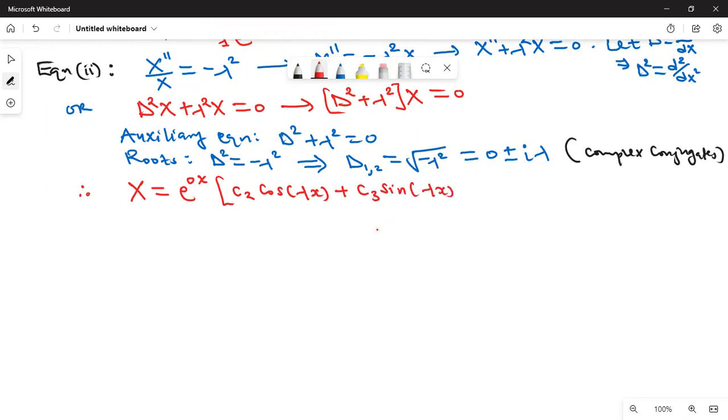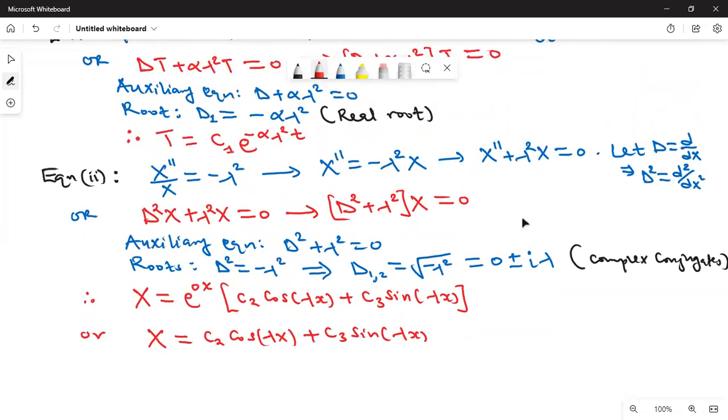And you know, anything raised to 0 is 1. So this you could write as x is equal to C2 cos lambda x plus C3 sine lambda x, where C2 and C3 are arbitrary constants.